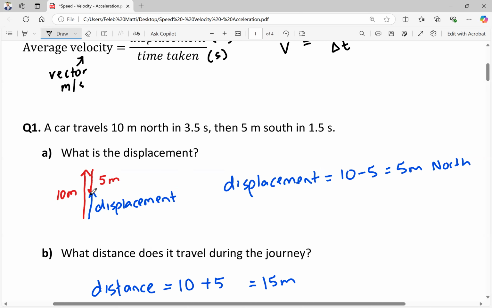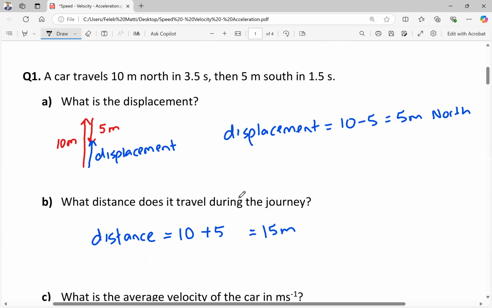As we know, displacement is a straight line distance from the start to the end, from the tail of the first vector to the head of the last vector. So in this case, displacement is equal to 10 minus 5, which is 5 meters. And from this vector diagram, we can tell that displacement is upwards. So the direction is north.